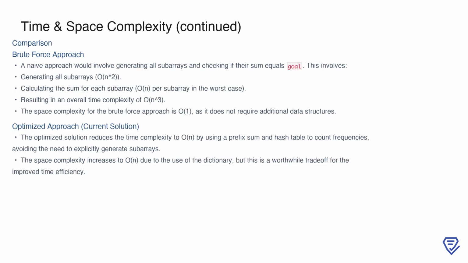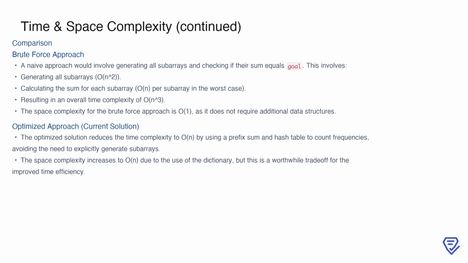Let's compare the optimized approach to a brute force solution. In a naive approach, we would generate all possible subarrays and check if their sum equals the desired goal. Generating all subarrays for an array of size n requires O(n²) operations, and calculating the sum of each subarray in the worst case takes O(n), resulting in a total time complexity of O(n³). On the other hand, the brute force approach has a space complexity of O(1), since it doesn't require any additional data structures.